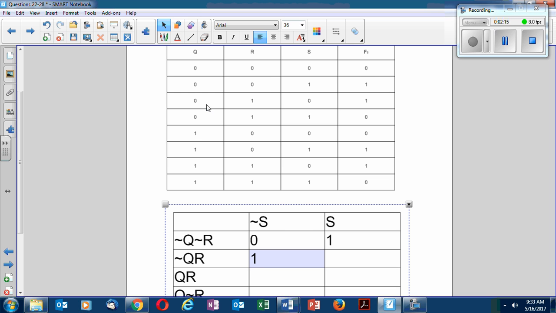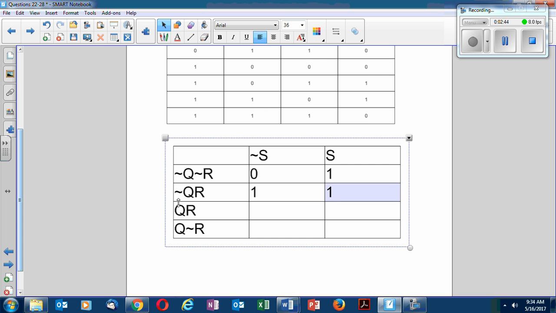Next one is not Q, R, S. This is this one. It's also 1. The next one I have over here is Q, not R, not S, and that's a 0. So which one is Q, not R?